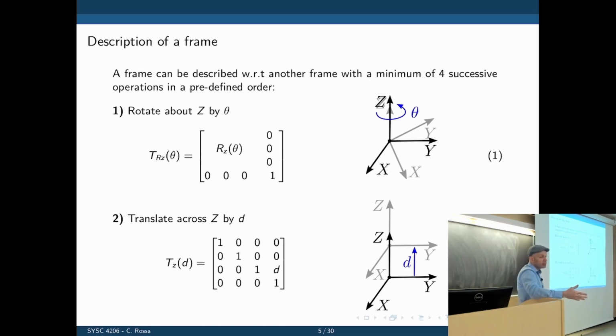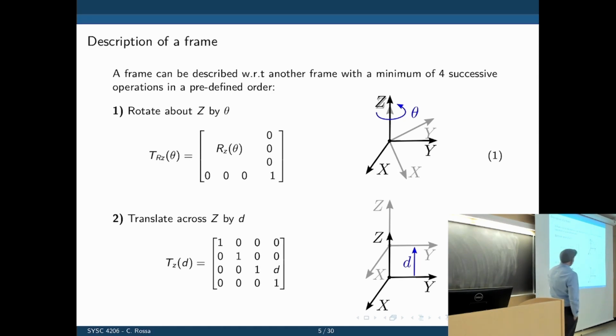And by doing that, we can simply take the resulting transformation, the homogeneous transformation that each of these manipulations creates, and then multiply them to calculate the full description of a frame with respect to another frame in space, with translation and rotation.